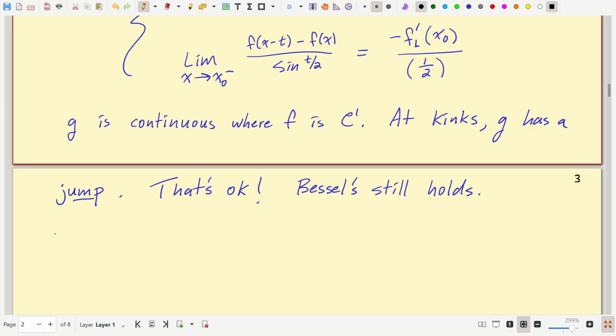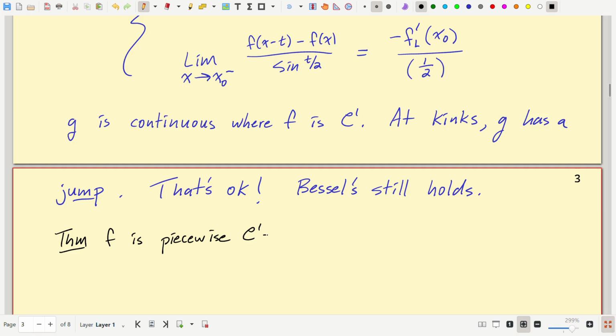So here's a theorem. Let's suppose that f is piecewise C1 smooth and continuous. So the worst thing that can happen is there might be kinks. So it's piecewise C1 smooth, and continuous, and 2 pi periodic, like the harpsichord problem.